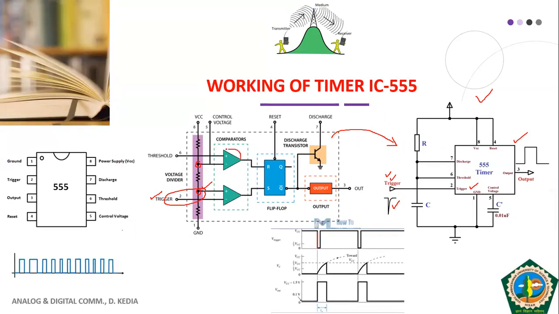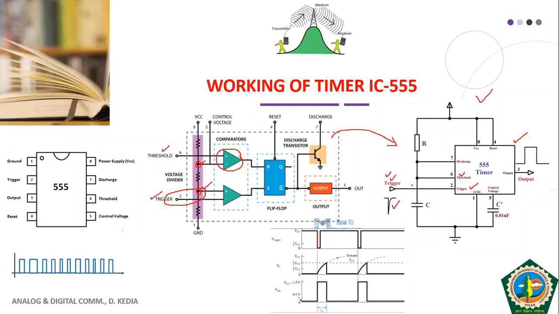Now let us come to the second comparator. In the second comparator, we have one terminal inside that is giving us the comparator voltage 2 by 3 VCC. The other is threshold. So you see, this is our threshold terminal.